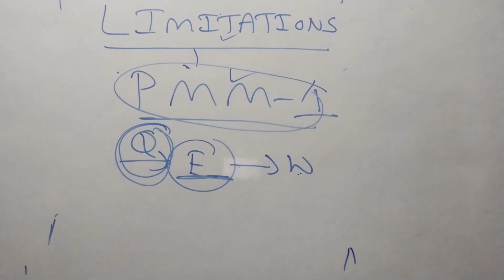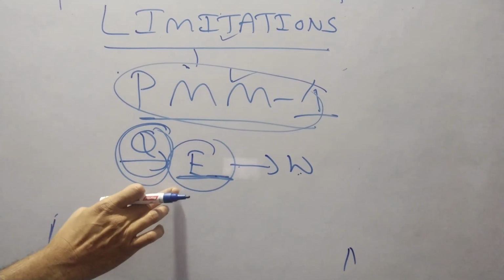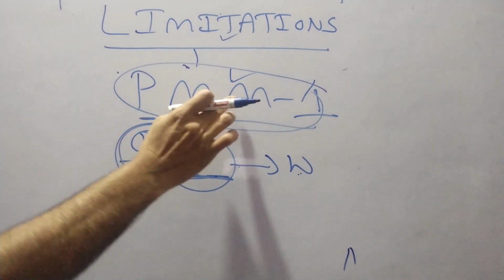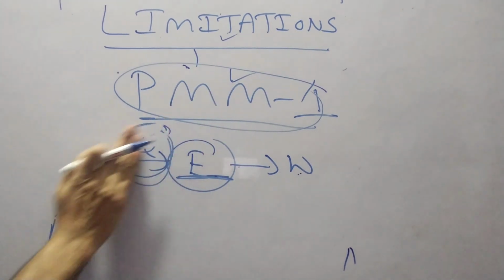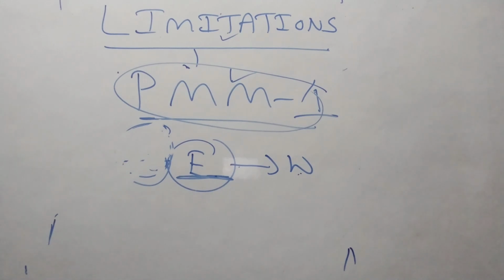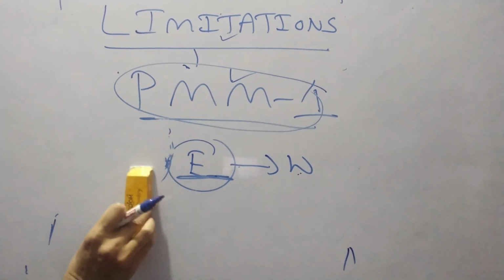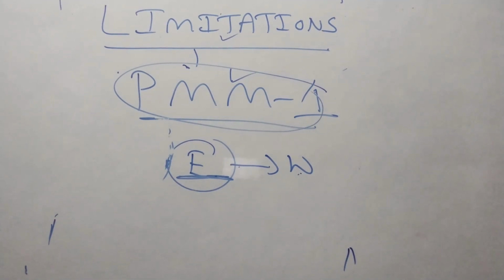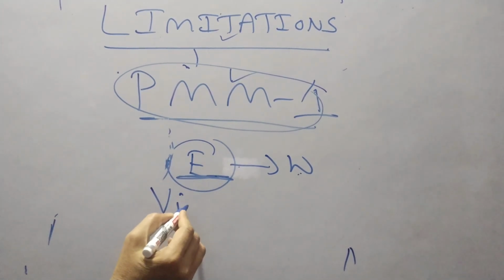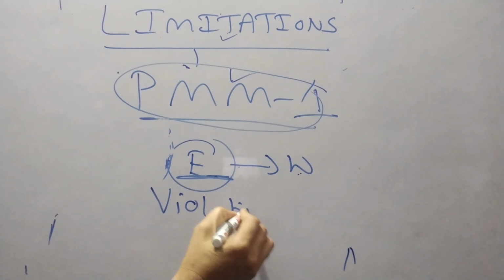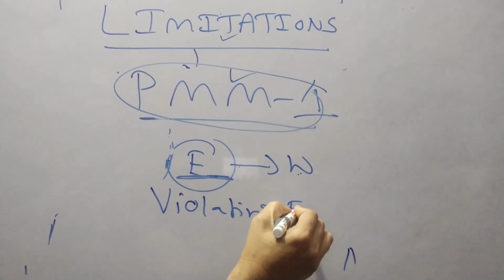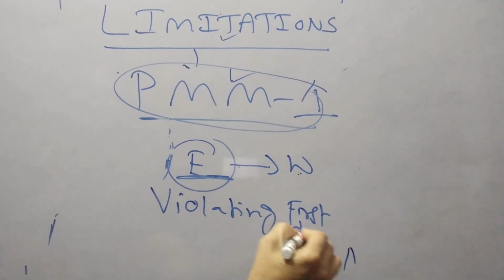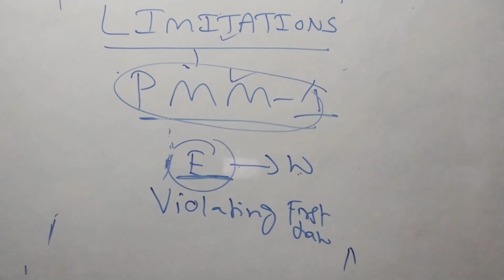So this kind of machine violates the first law of thermodynamics. If energy supply is not there and the engine is producing work on its own, it is violating the first law. So this is the limitation of the first law of thermodynamics.